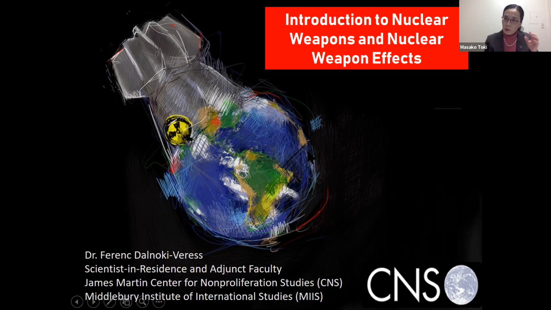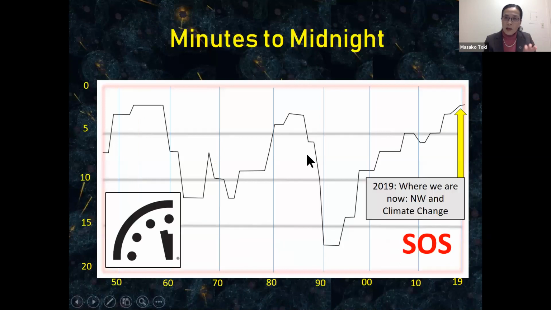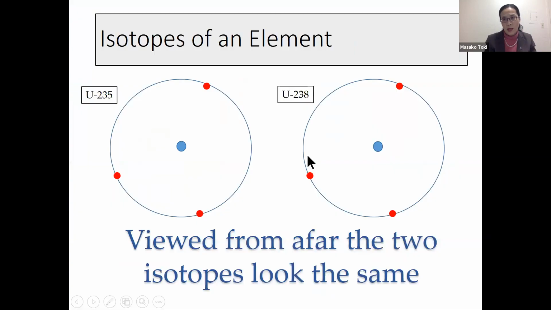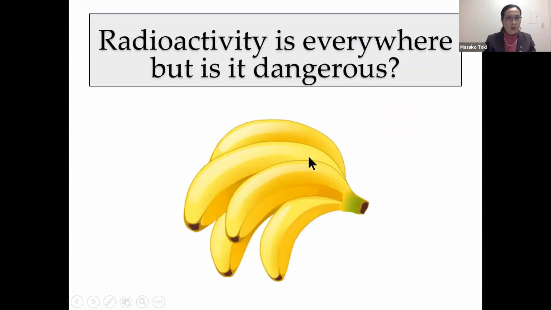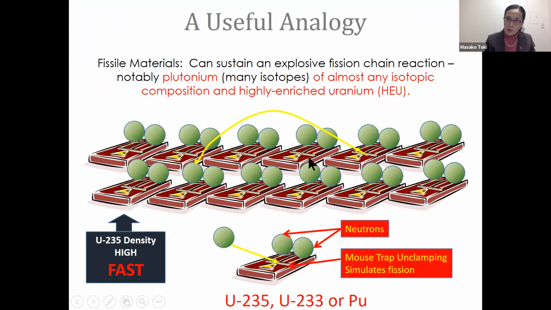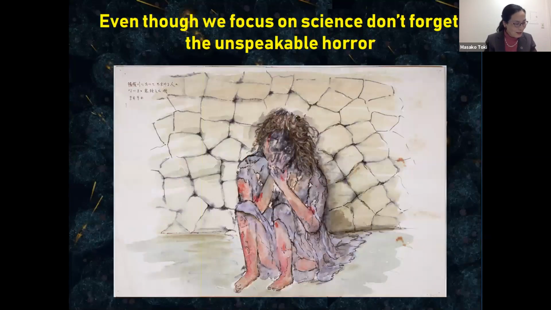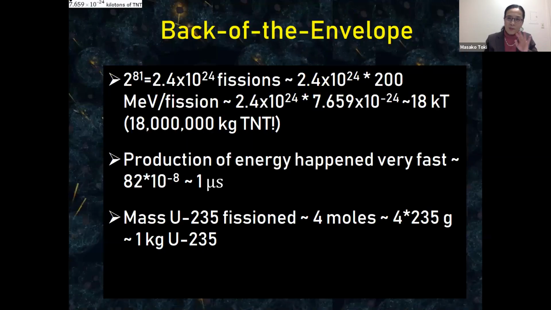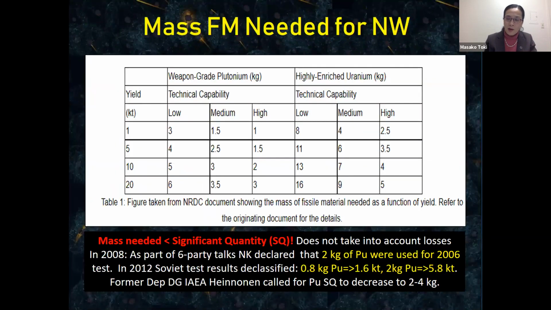So I think it is very important to understand how difficult it is to get fissile material. Can you briefly elaborate on any existing measures to prevent the spread of fissile material?